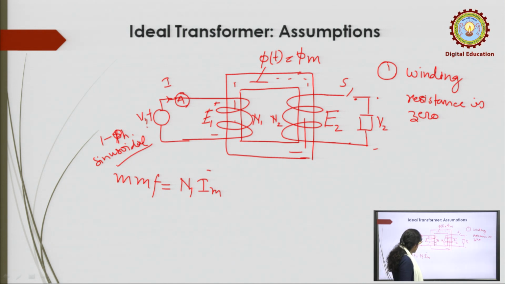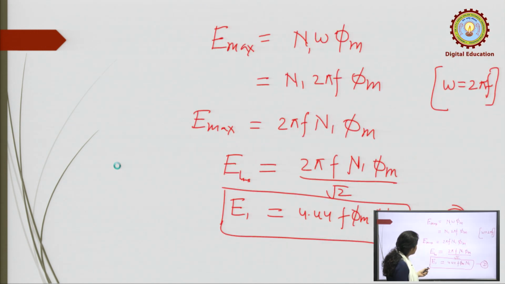But you assume that there is no winding resistance, so it is an inductive kind of circuit. So, the current is lagging the voltage by 90 degrees. And this current is also responsible for producing the MMF, so the flux is in the same phase with the current.